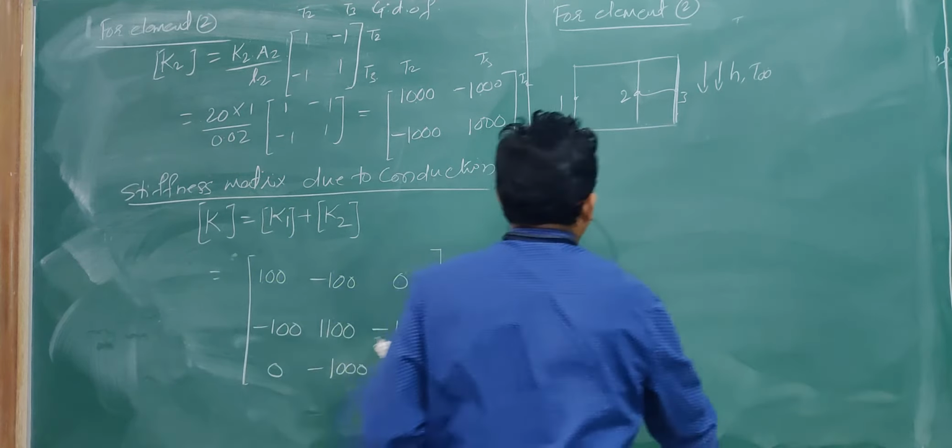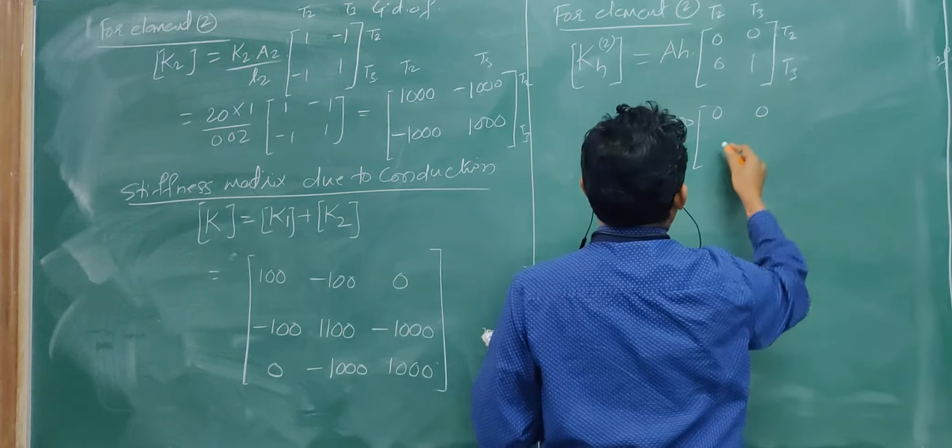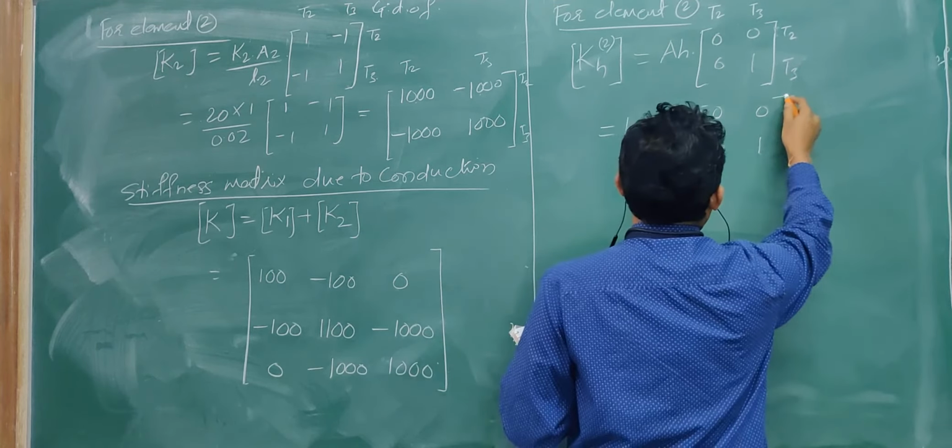I'll substitute the values: A is 1, H is 1000, so the matrix is 0, 0, 0, 1000, with rows and columns T2, T3.